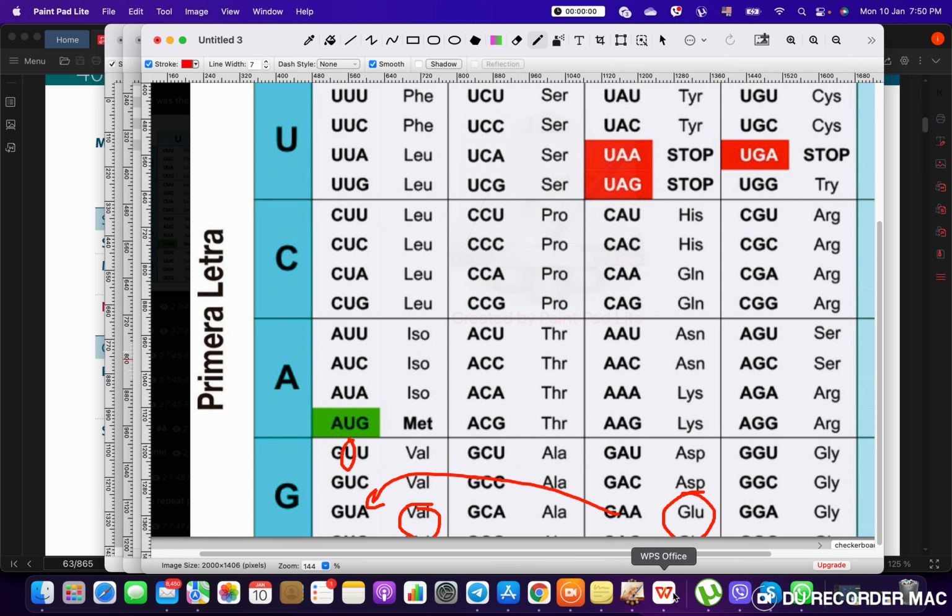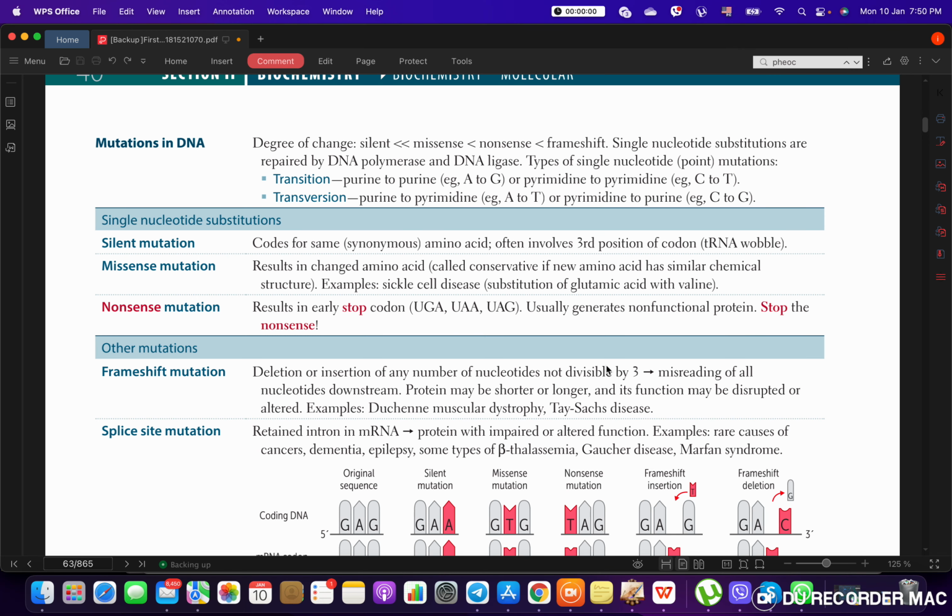So you can see here that this patient will have degrees of change. Silent is perfect. Missense, we changed one amino acid, which can lead to some harm. Nonsense, we stop a whole codon. We just truncated it, we stop it in the middle of the process of translation, gene expression, sorry.